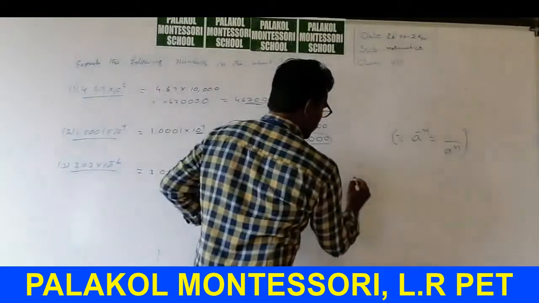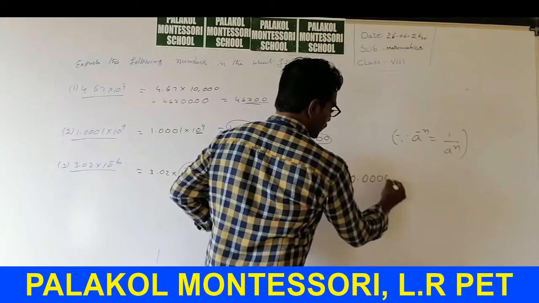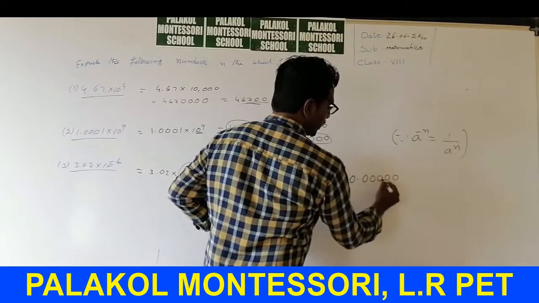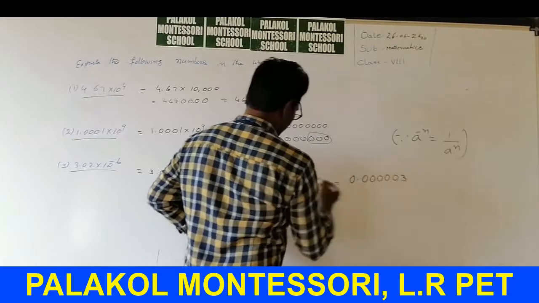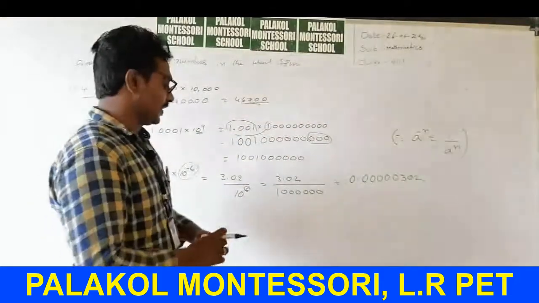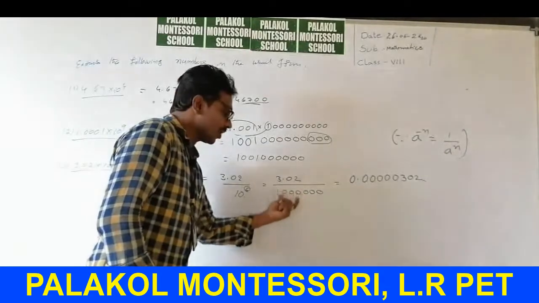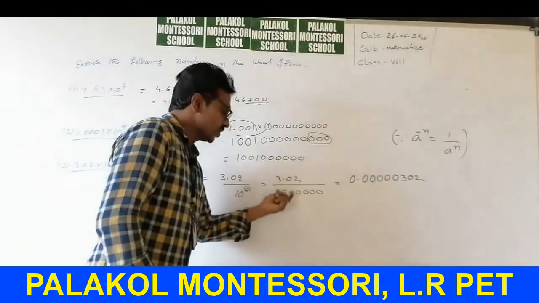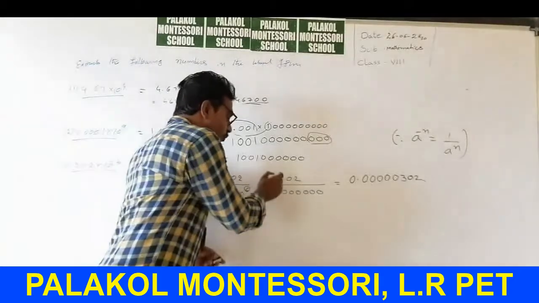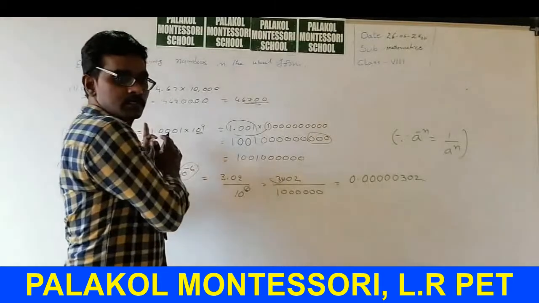That means 0.00000, 1, 2, 3, 4, 5, 3, 0, 2. Once again, in the denominator, how many zeros are there? 6 zeros are there. That's why this point is moved after 6 digits.